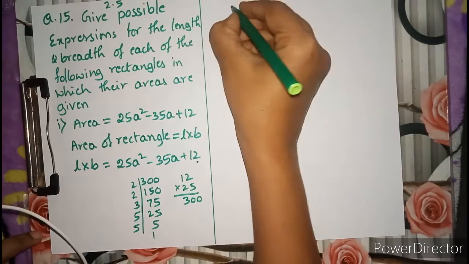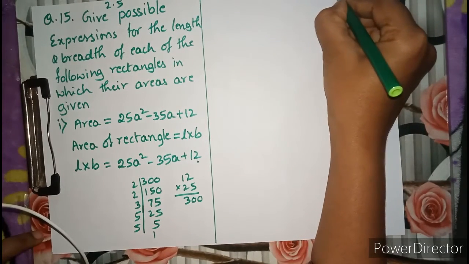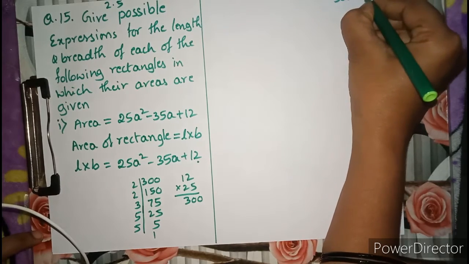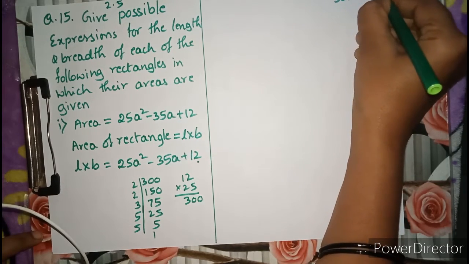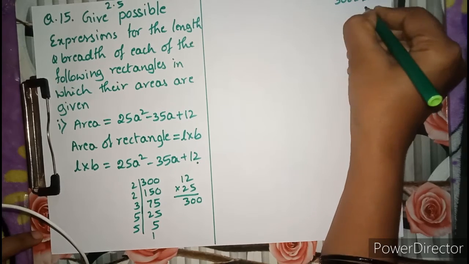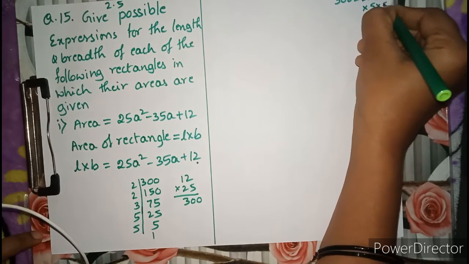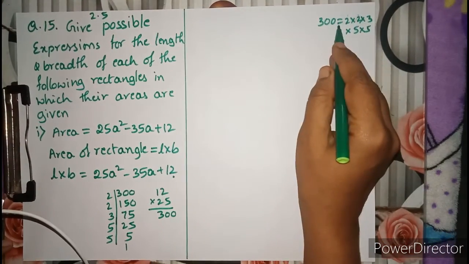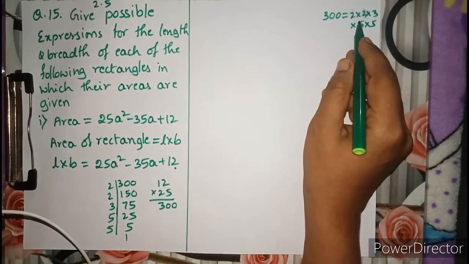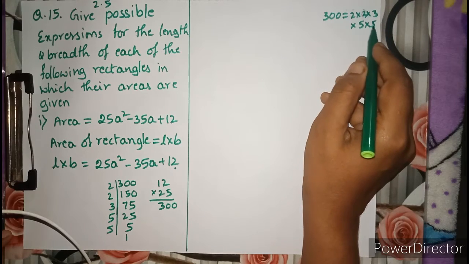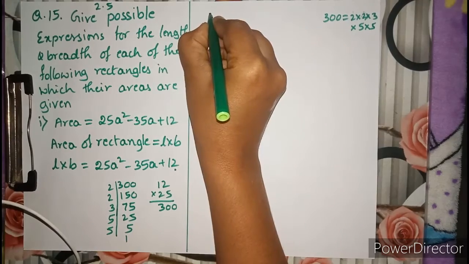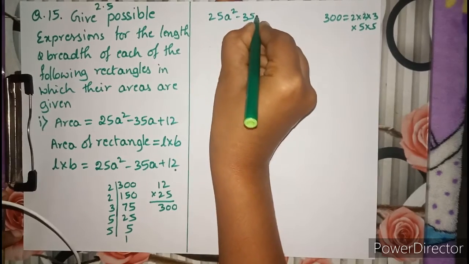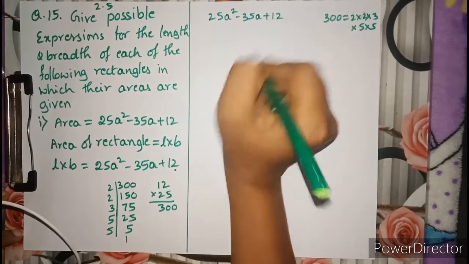Now we have 300 is equal to 2 into 2 into 3 into 5 into 5. So we have the area 25a square minus 35a plus 12.